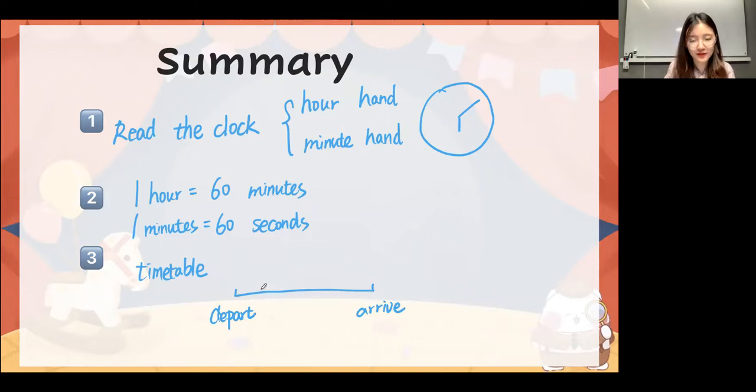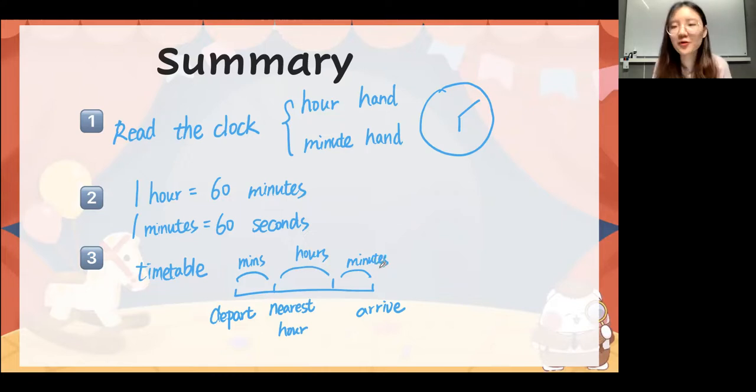Okay, so we need to find the nearest hour, and find the minutes, and maybe some hours and some minutes. Okay, everyone. If you have already written the notes with me, can you type 2 in the chat box? Very well done. I will wait for your notes and homework, okay?